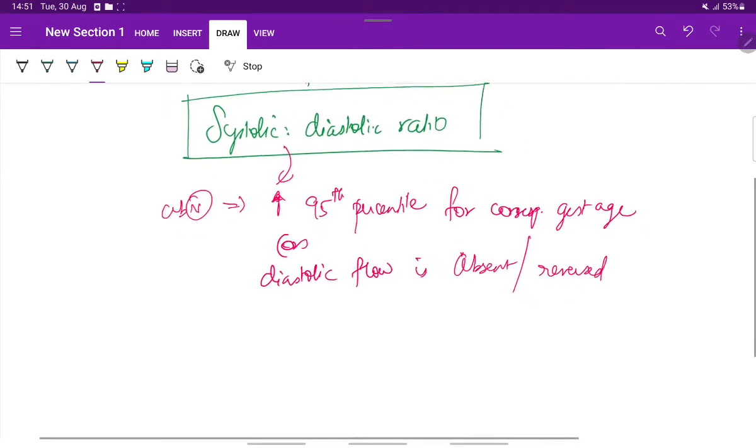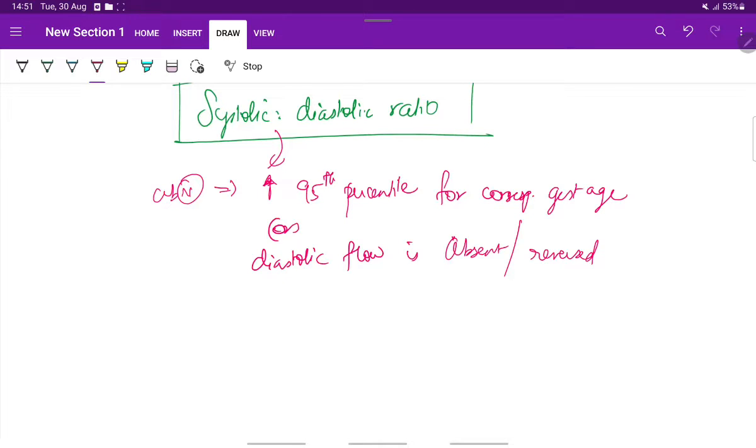In these conditions, the Doppler ultrasound is said to be abnormal.